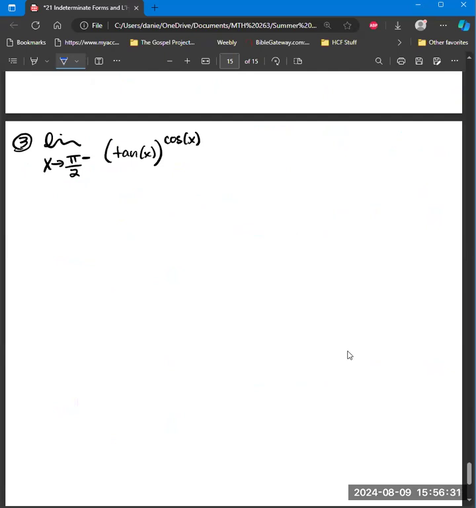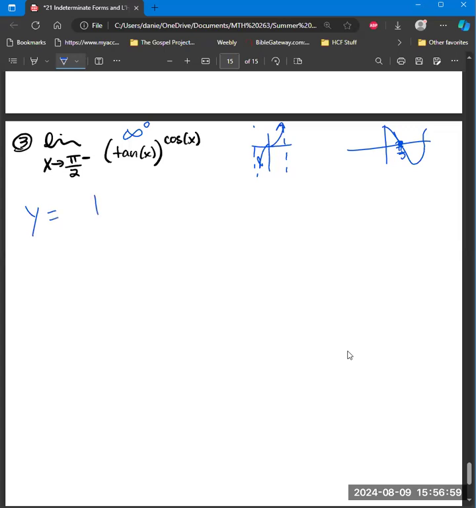And so this one here, when I plug in, let's look at the graph of tangent. It's going to go to infinity when I come at pi over 2 from the left. And the graph of cosine goes towards 0 as I come at pi over 2 from the left. So this is infinity to the 0 indeterminate form.